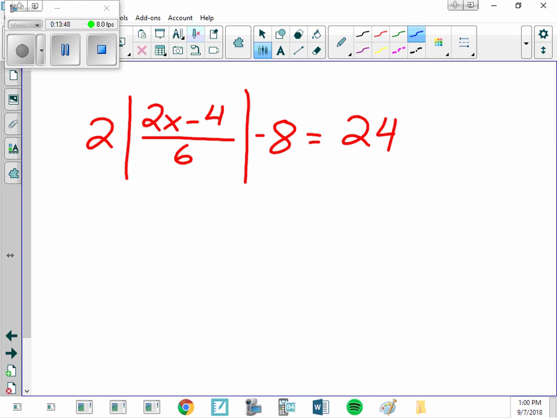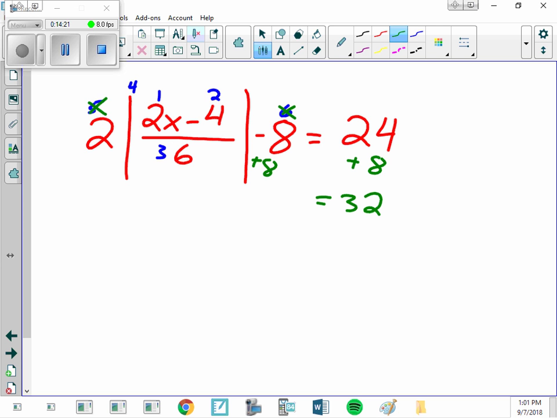Okay, let's go through order of operations here. What's the first thing that hits the x? So step 1, 2, 3. Nope. The absolute value is 4, 5, and 6. I'm going to peel this back one layer at a time, starting with layer 6. Add 8. 32.